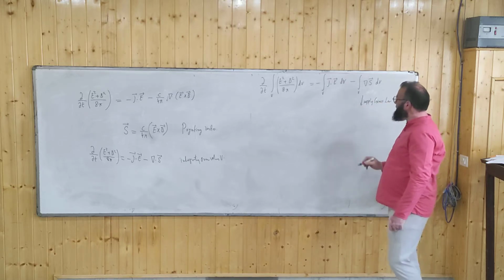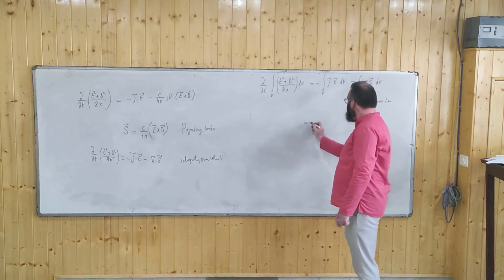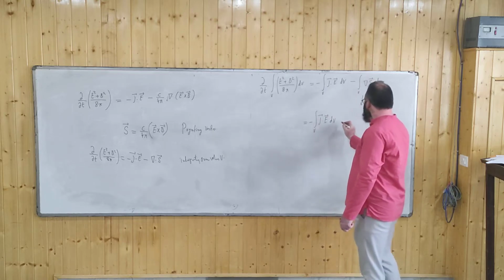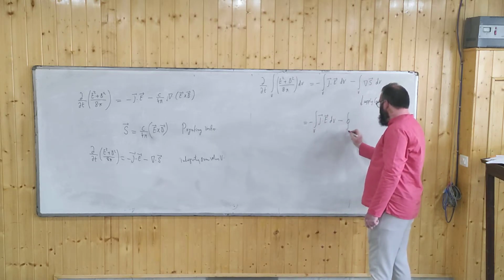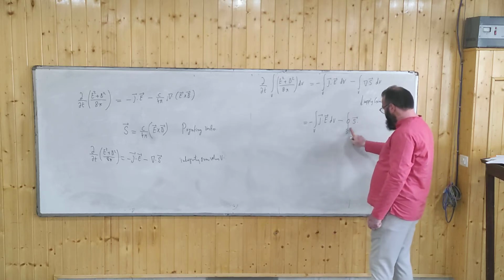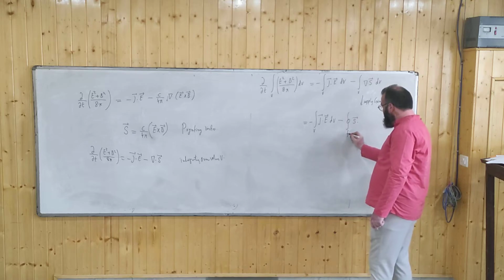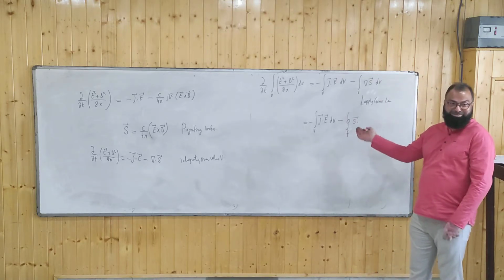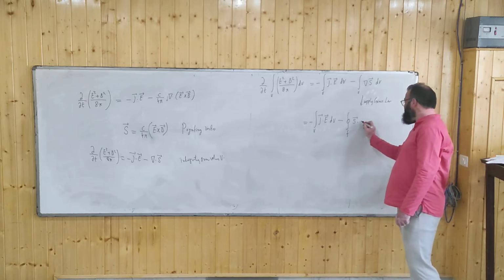So it's minus integration over volume of j dot E dV minus integration over surface of S dot dF. Let me call the surface F, because I have used S for the Poynting vector.